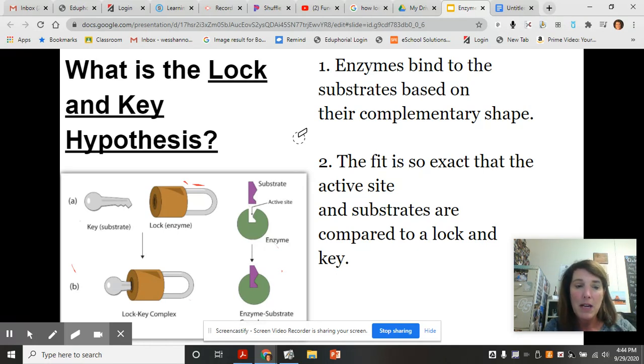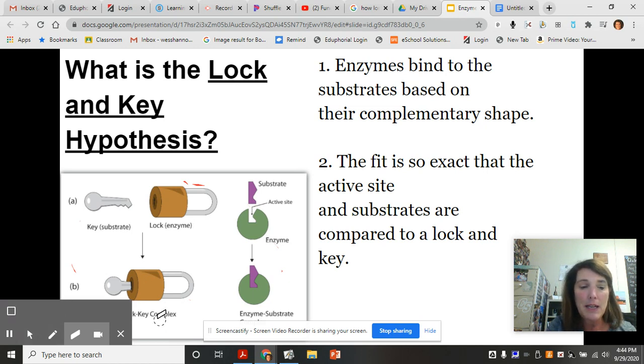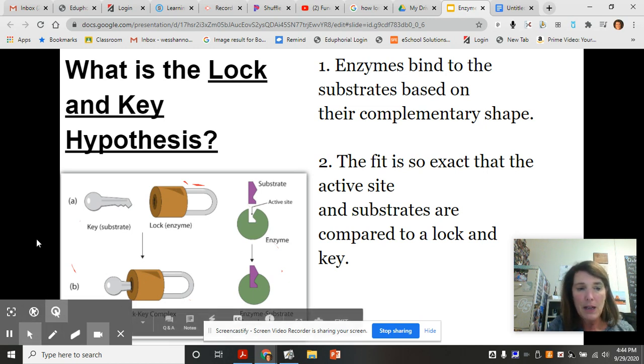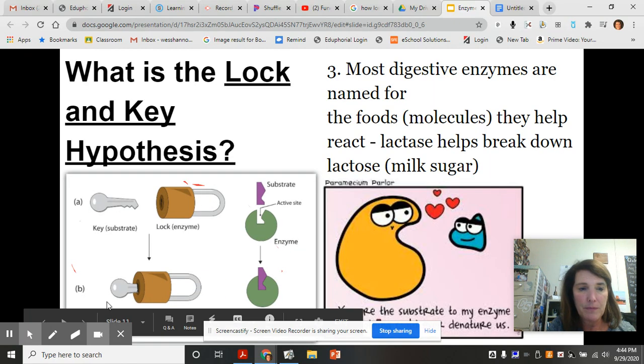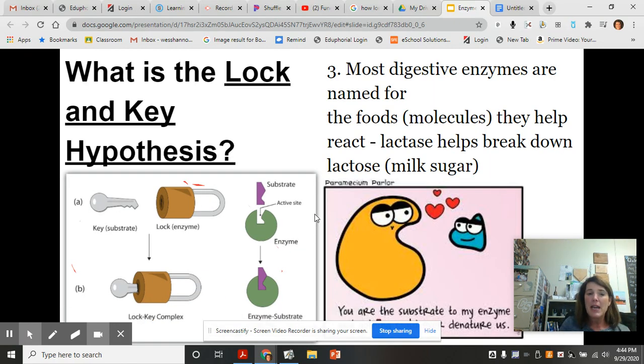If you've ever put a lock on your locker or bike, those locks have a very specific key, and that key will only fit in that lock. The same is true with an enzyme and a substrate.